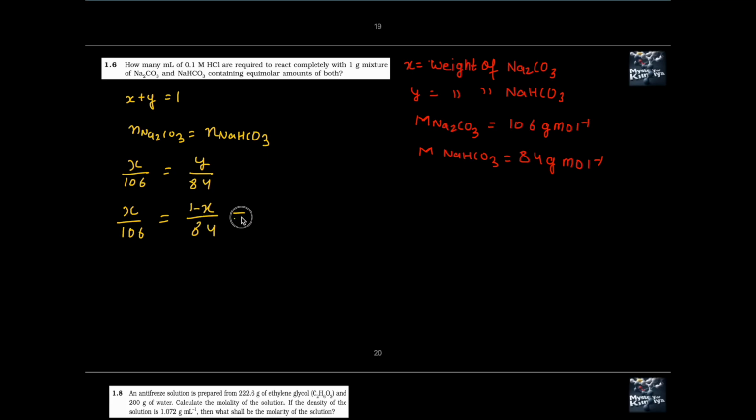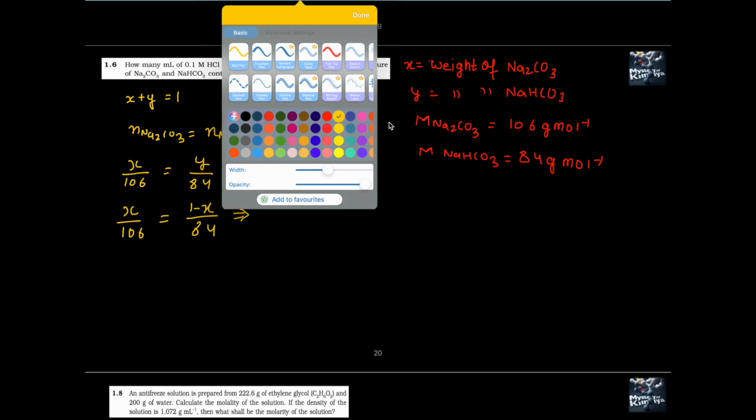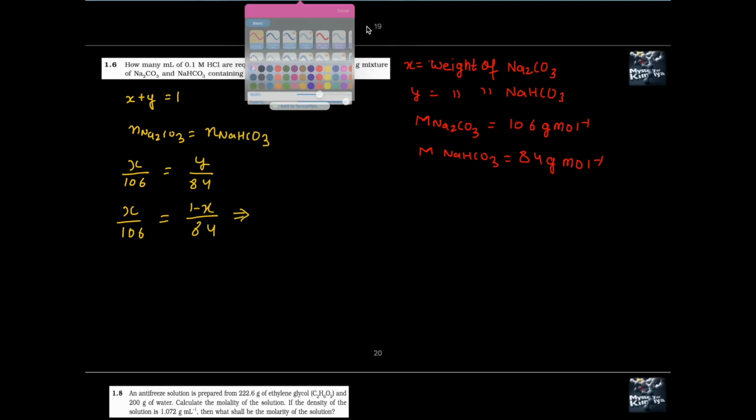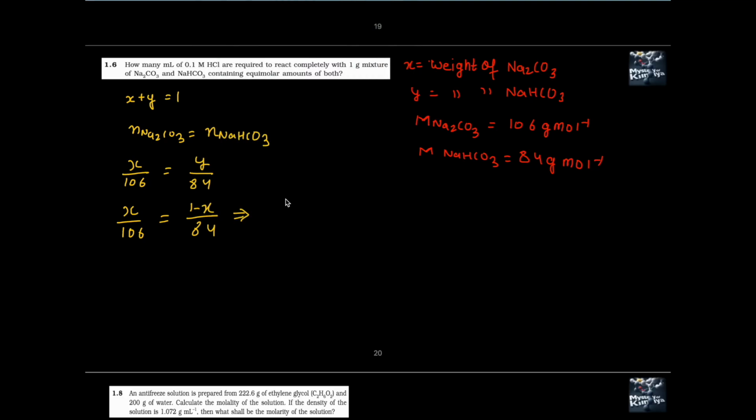On cross multiplying, we'll find out the value of x. So 84 into x would be equal to 106 minus 106x, right?